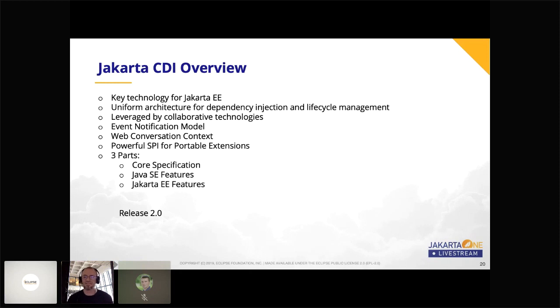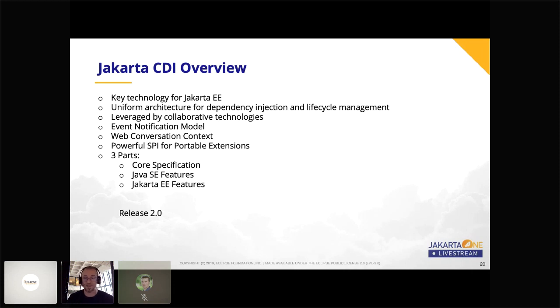So it also has a sophisticated type-safe dependency injection mechanism, including the ability to select dependencies at either development or deployment time without verbose configuration. Support for Jakarta EE modularity and the Jakarta EE component, integration with the Unified Expression Language, or EL, the ability to decorate injected objects, ability to associate interceptors to objects in a type-safe interceptor bindings.